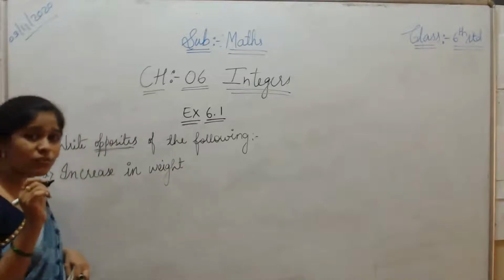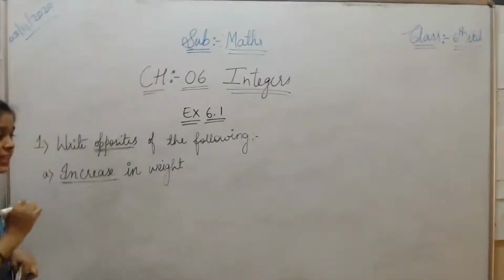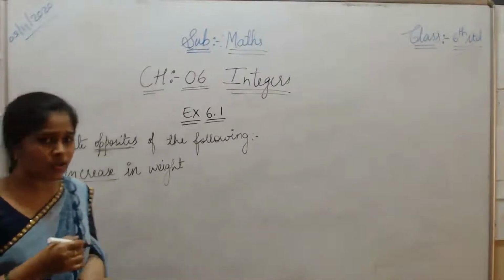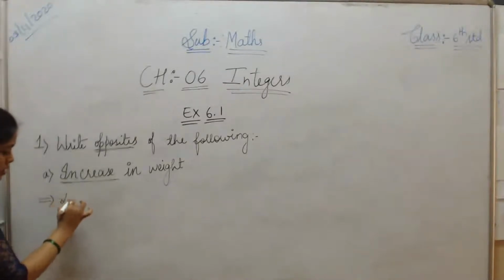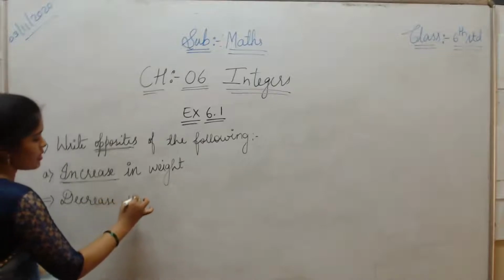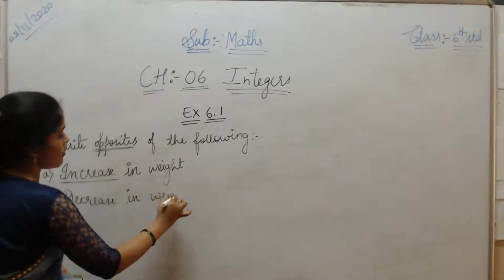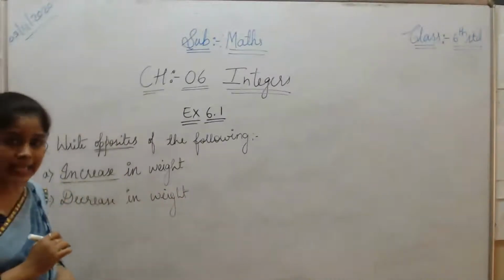Here we have to see the word: the word is increase. Weight stays the same, only the opposite is needed. So what is the opposite word of increase? Yes, decrease. Decrease in weight. Same, we have to write; only the opposite word changes. So the opposite of increase is decrease.